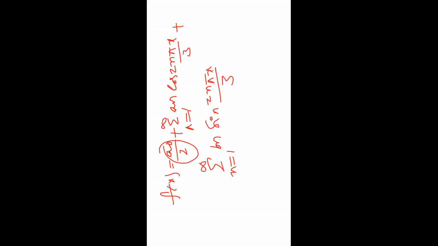We have to find the three values a naught, a n, b n, because it is also a full range equation. First, write the formula of a naught.